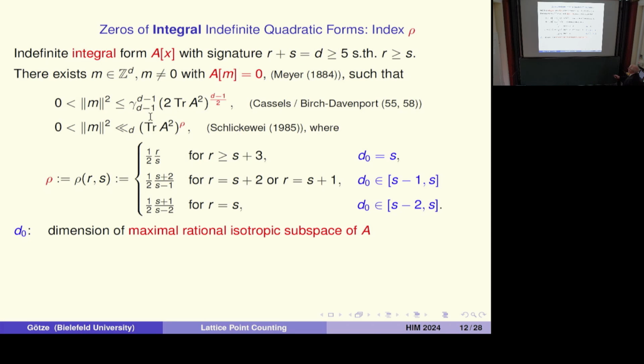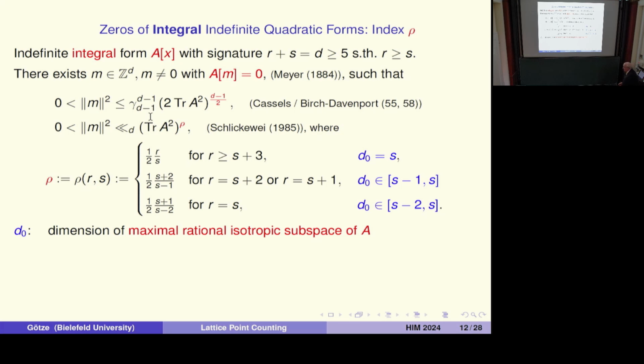You see there are various cases, and d0 is the dimension of the maximal isotropic subspace. So to take home, if we have a balanced form with positive and negative eigenvalues number equal, then it's in the limit 1/2 this rho here.